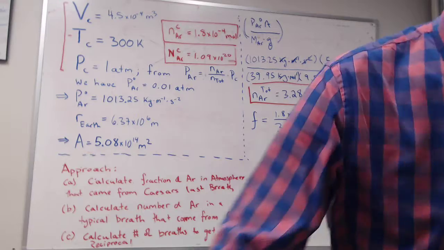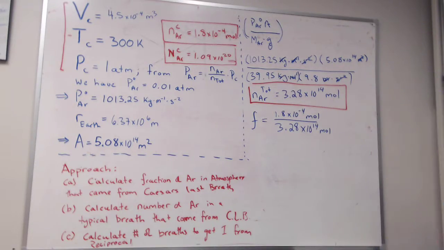Okay. And so we can crunch that number, which I should do. 1.8 minus 4 divided by 3.28 14.